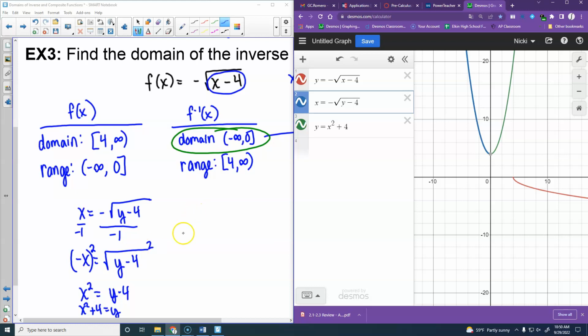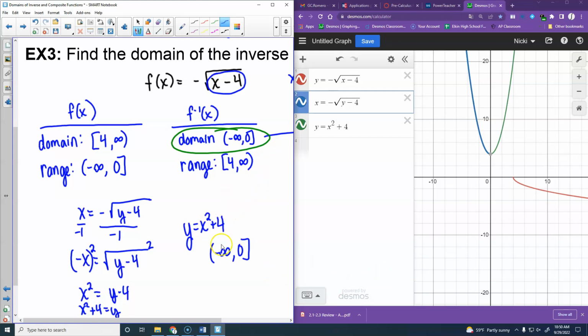So while my answer would be y equals x squared plus 4, it would only be for this domain, for negative infinity up to 0. I'd only use that left-hand side of the graph because the quadratic itself would include parts of the square root that don't really exist from the original function.